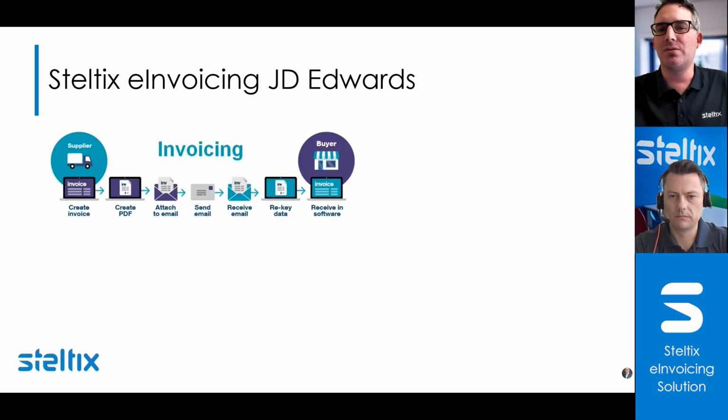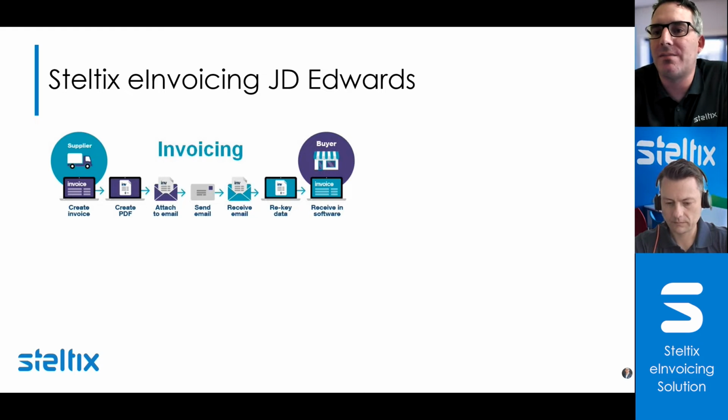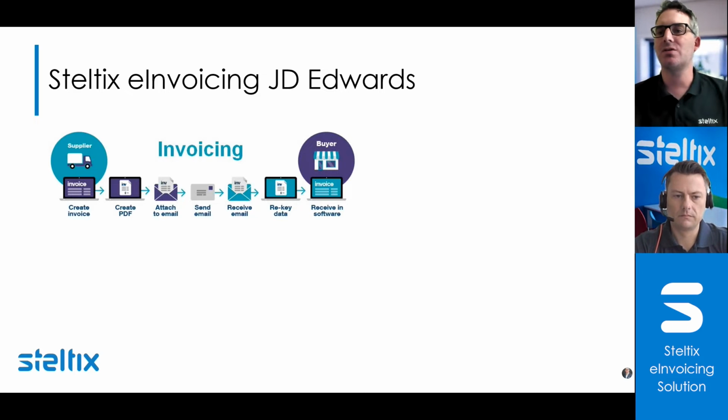Now, in relation to what you traditionally do, and I know many organisations on the call would be familiar with the standard process of receiving an invoice, and some organisations on the call have got various levels of AP automation, and we'll distinguish between AP automation and e-invoicing shortly.